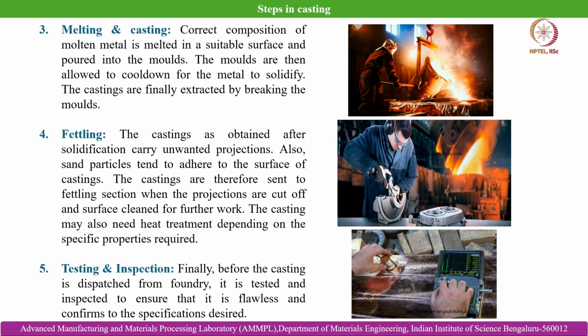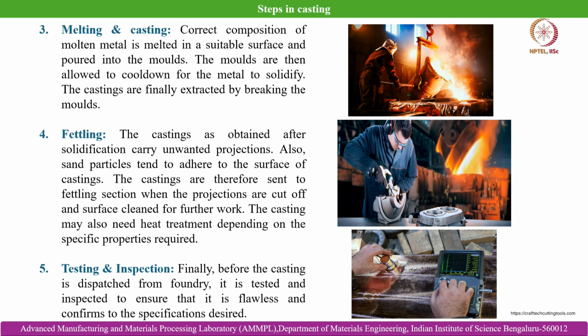And then the third and one of the most critical steps is the melting casting. In melting casting, the most important thing is the melt preparation. As I discussed in the last class, the first prerequisite out of 10 thumb rules of getting good castings is the appropriate melt preparation.